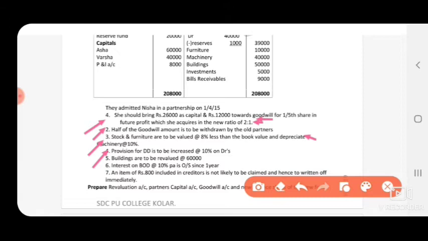So 10% on debtors, that is here 40,000 into 10%, we will get 4,000, and in that we have to minus 1,000 rupees. So that is already included in 4,000. So under revaluation account debit side we have to record only 3,000.